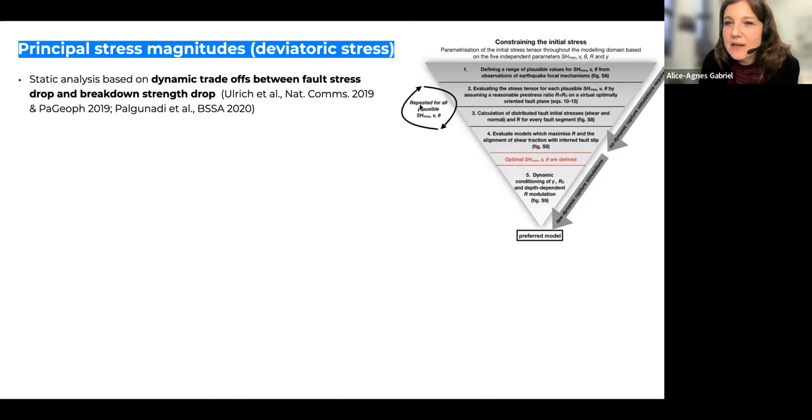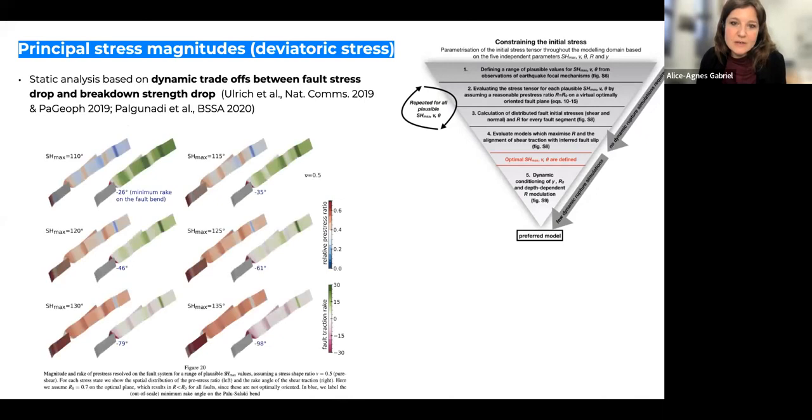We've been developing the static way of how to constrain the initial stress by exposing our complicated, realistic fault geometry to a regional loading that's only allowed to vary regionally. And we're only running a few dynamic rupture models to constrain loading variations with depth.